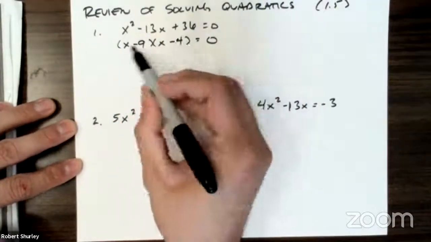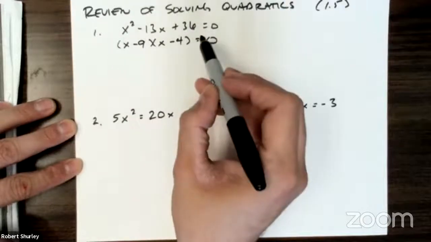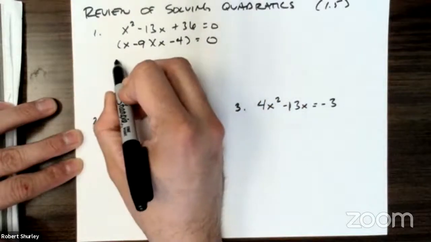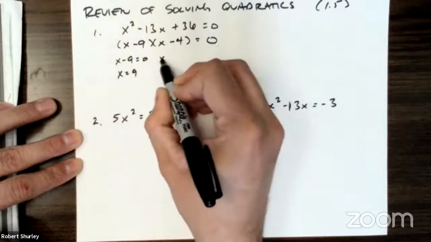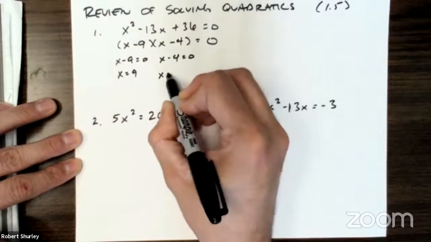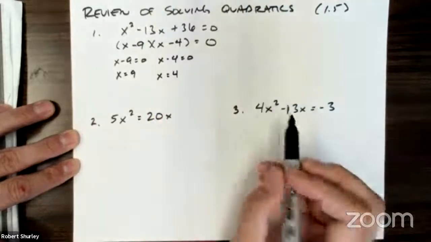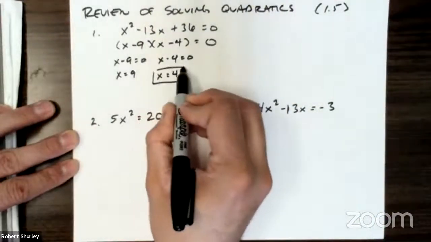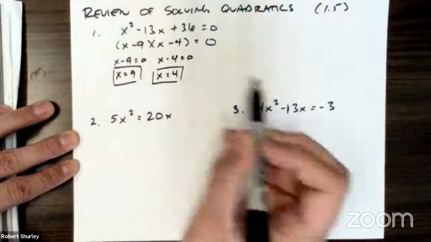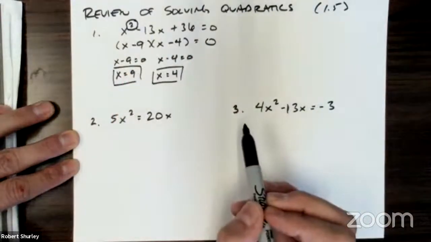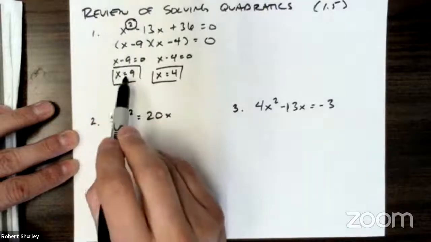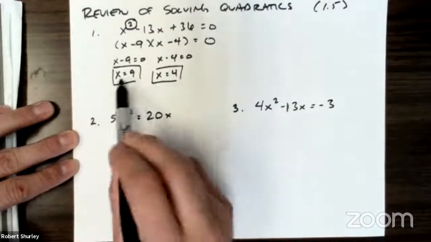So if you FOIL this out, you're going to wind up with this trinomial, right? So then we get x minus 9 equals 0, x equals 9, x minus 4 equals 0, x equals 4. There are our two solutions. Now be careful and notice the degree of the polynomial we got this from is actually the number of solutions we have.